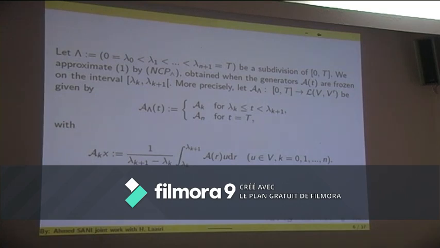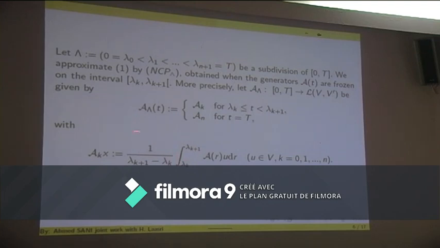We consider the subdivision of the interval [0,T], and one may consider just a subinterval [a,b], like here. Just one subinterval [a,b] of [0,T], or the whole [0,T], the horizon. If we choose this subdivision, we can construct a A_lambda which is constant on each subinterval, but we choose the mean of the operators on [lambda_k, lambda_{k+1}].